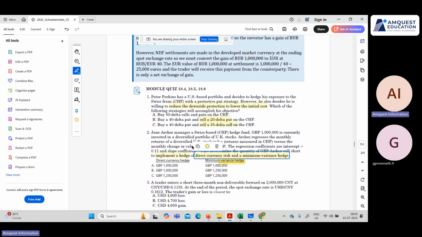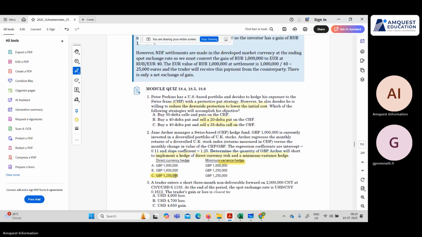No. The way I look at it, this 1.25 and the regression concept comes in where you don't have a direct hedge and you are doing some kind of a proxy, some kind of an indirect hedge. So can I straight away strike out C?